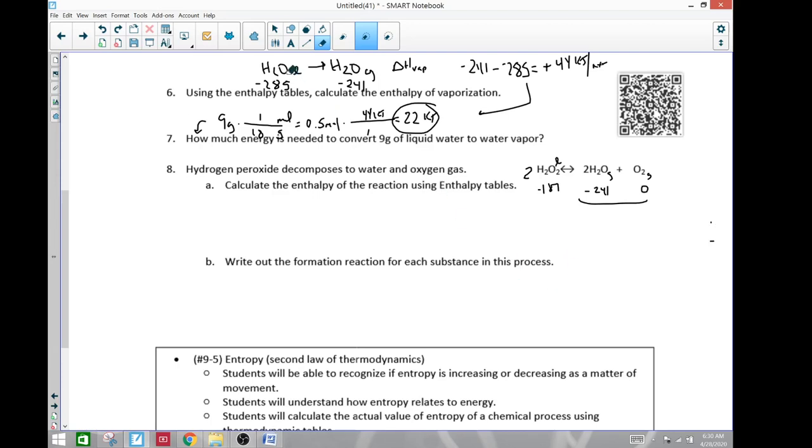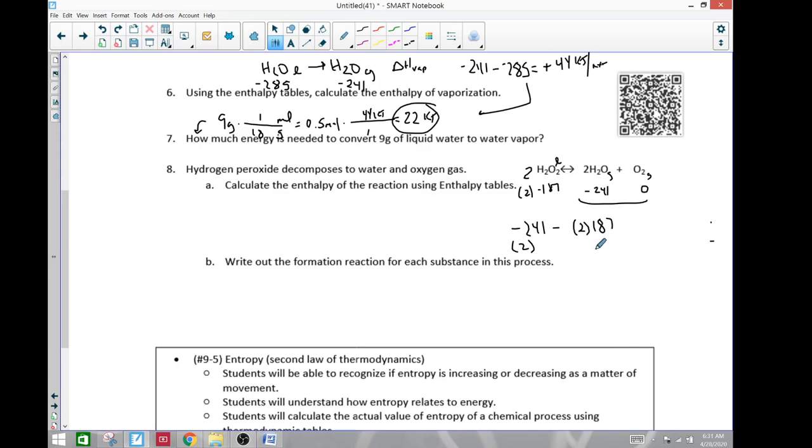Perfect. All right, so now this one gets multiplied times 2. We're going to get negative 241. All right. Minus, and then we're going to have 2 of these. And I got to multiply this one times 2, which I didn't do. All right, minus 2 times 187, and then what we get here.